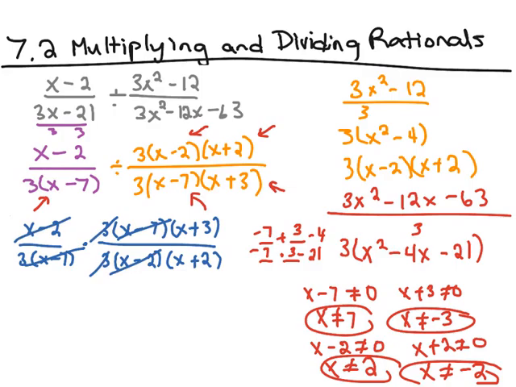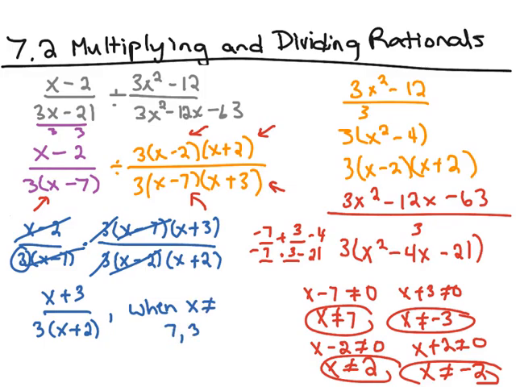So on the top, we should be left with x plus 3, and on the bottom, we have 3x plus 2, when x does not equal 7, 3, negative 3, 2, and negative 2.